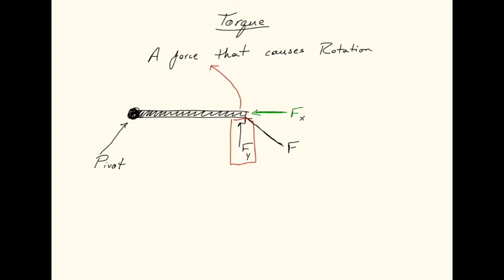When we say perpendicular, we're referring to a radial line that extends from the pivot, and any force perpendicular to that radial line will cause torque. So that's one thing.